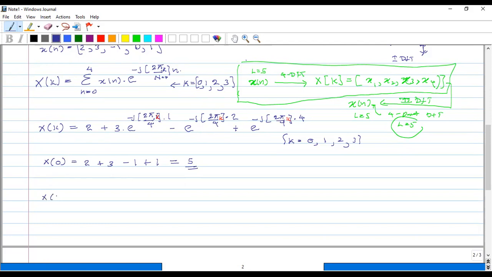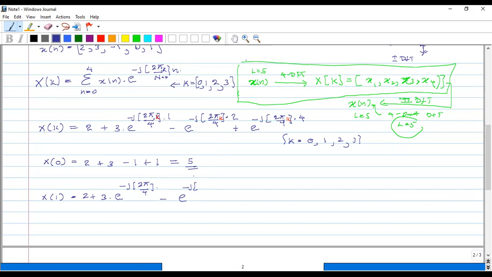So if you find capital X1, you will have 2, 3 e to the power j 2π by 4, k is 1, and here you have 1. So it is 2π by 4, minus e to the power minus j 2π by 4.